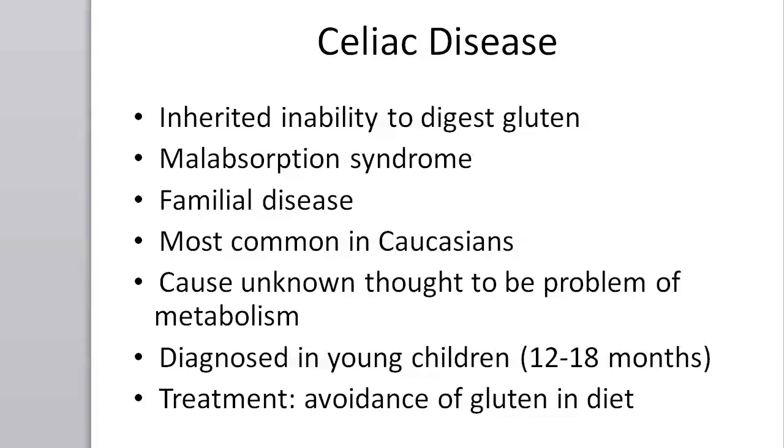What happens is this immune response stimulates an inflammatory response in the small bowel, which causes the destruction or loss of these villi and microvilli. These little hair-like fibers will start to atrophy, resulting in a loss of these intestinal folds.